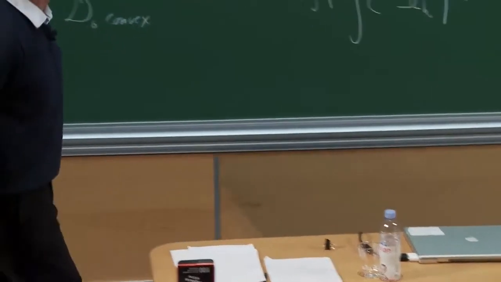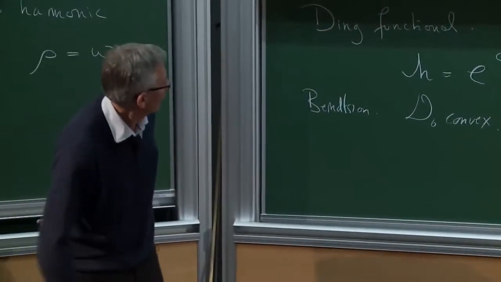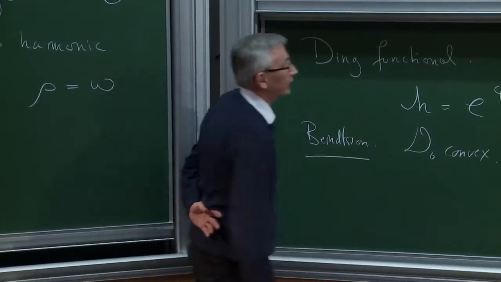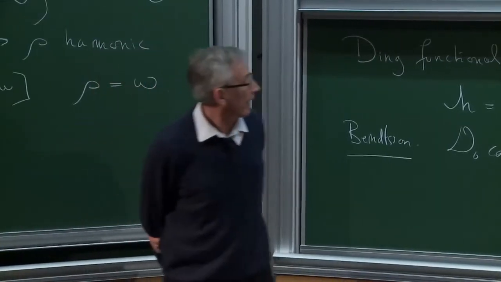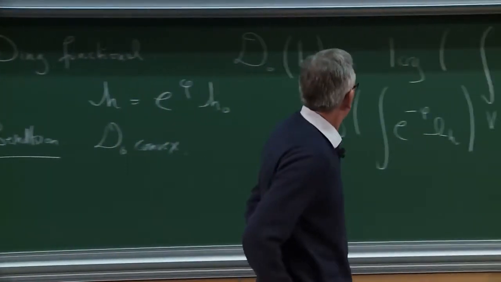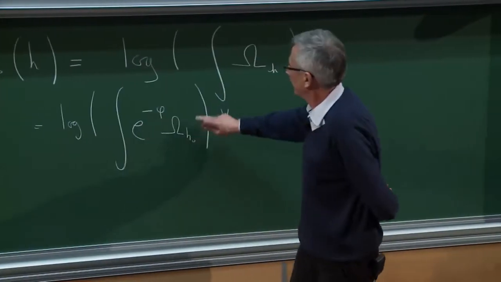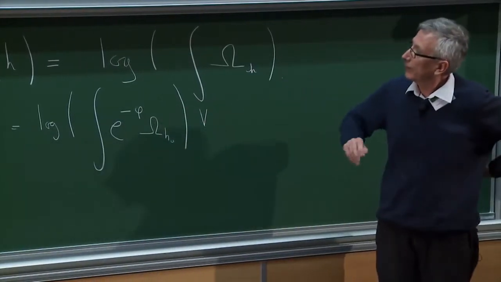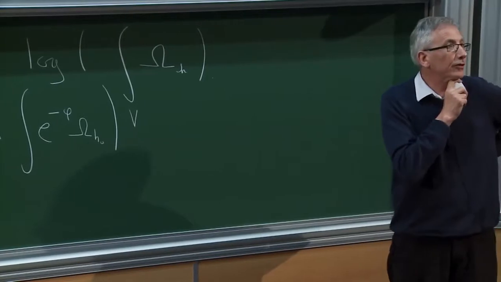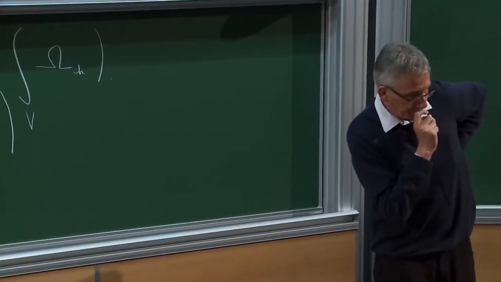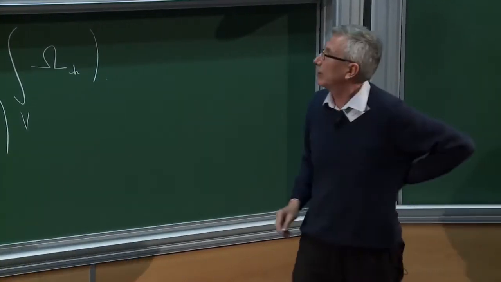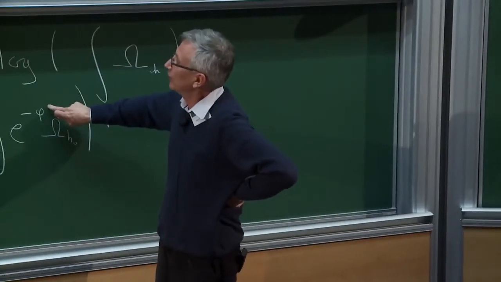But let's see, one reason why this Berndtsson convexity is such a good thing is that because this is such a simple functional, it can be defined in situations of very low regularity. We don't need this to be smooth.